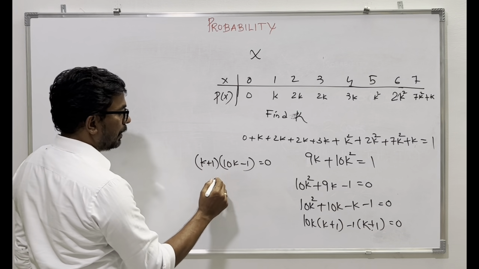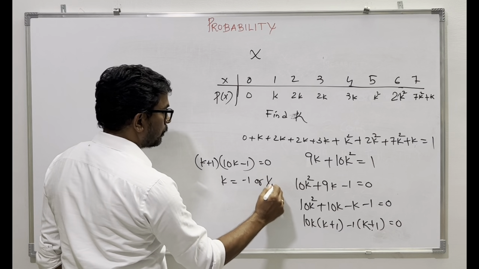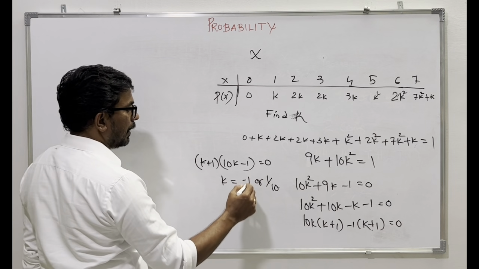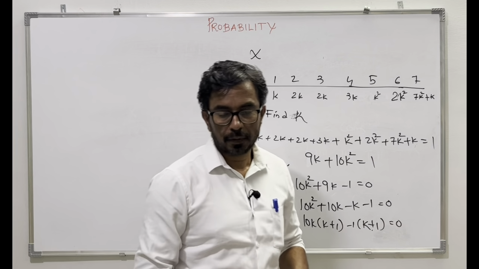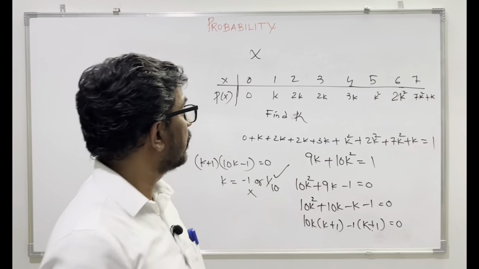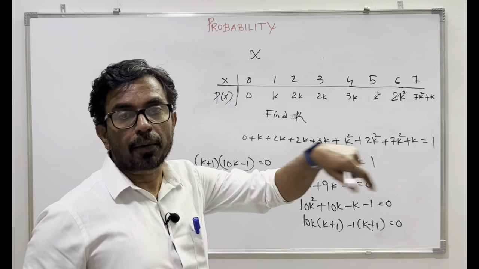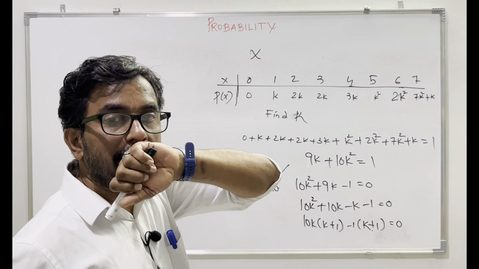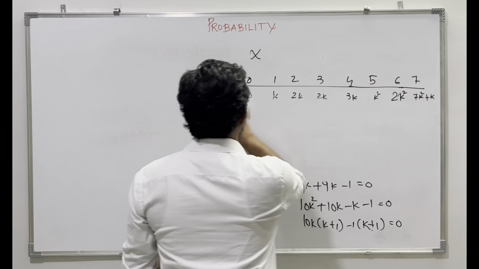So individually equating, k can be minus 1 or 1 by 10. We don't take this value, but we will take k as 1 by 10. This is one way they can ask a simple question: find the value of k, where we add all the probabilities and equate it to 1. Okay, let us do another type of question.